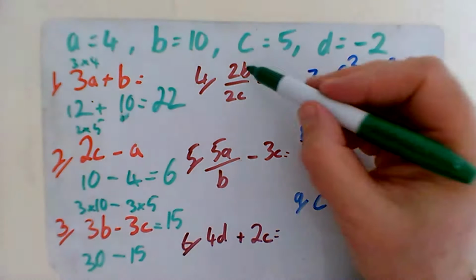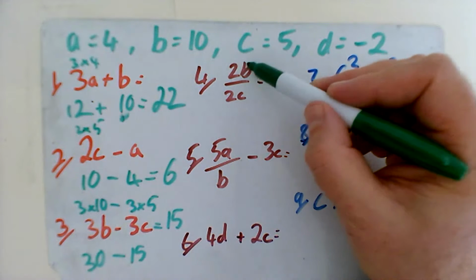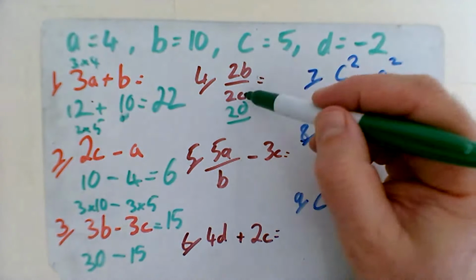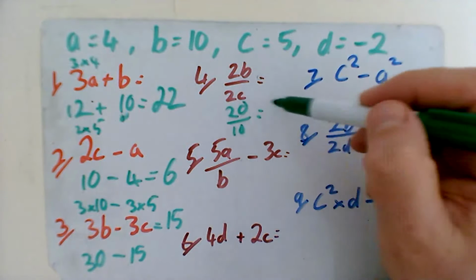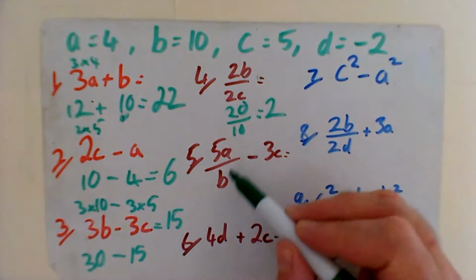Okay, let's have a look at this one. Again, 2b, 2 times b is 10. So 2 times 10 is 20, so it becomes 20 over 2 times c over 10. How many 10s in 20? 2. Okay, right, 5a.